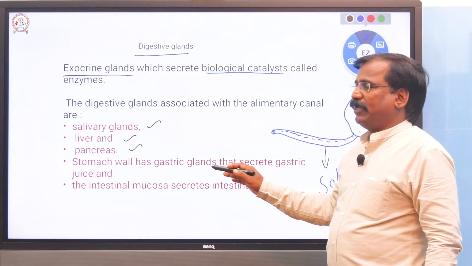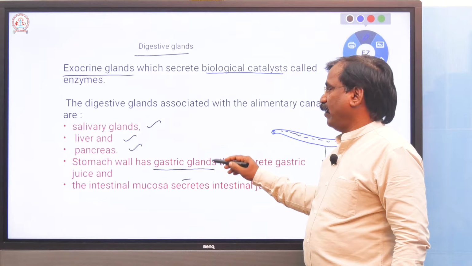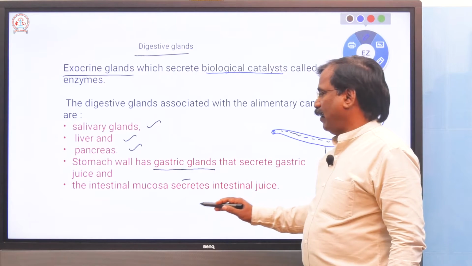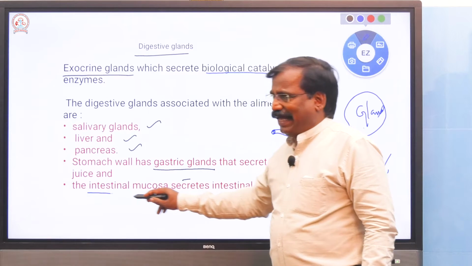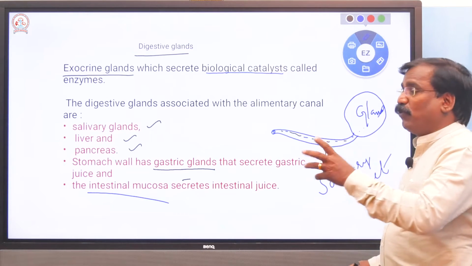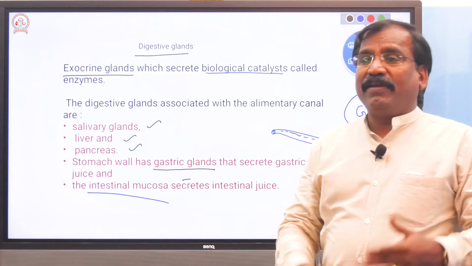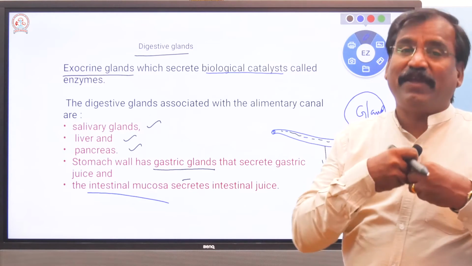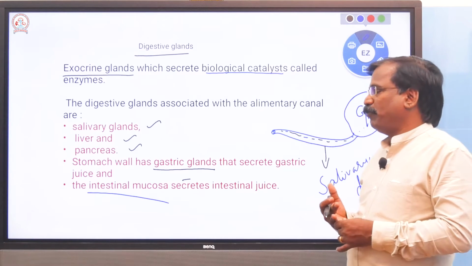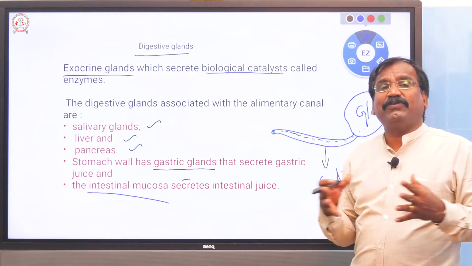The walls of the stomach have the gastric gland. And the intestinal gland: the intestinal mucosa, the inner layer, has the crypts of Lieberkühn, secretory cells that are generally called the intestinal gland.